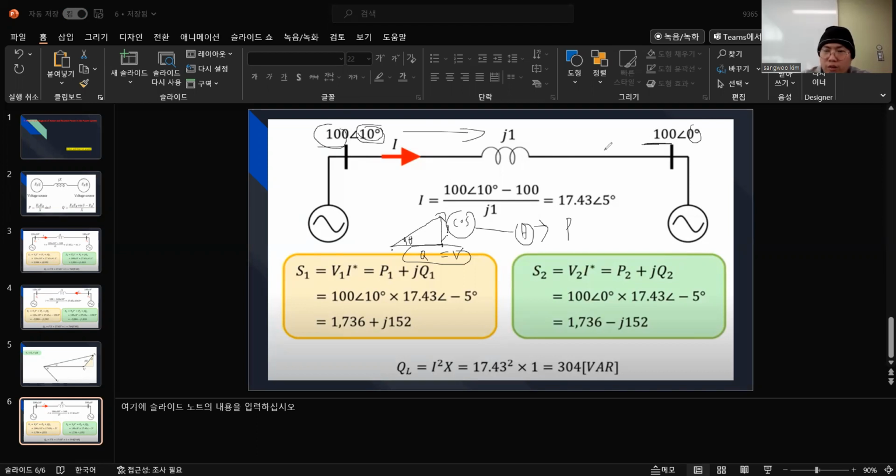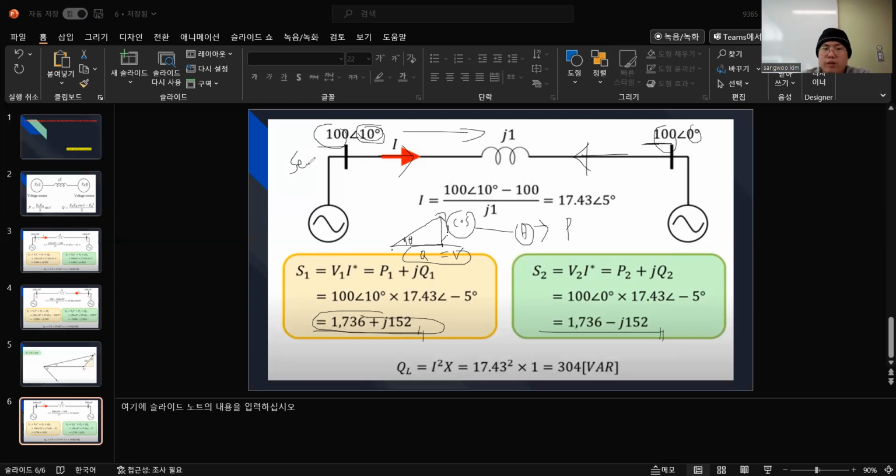And Q is, sorry guys, Q is the same. What happened? So if we calculate this, we get this part. But look at that. It doesn't matter if the current direction is here, okay? The only difference is how we interpret the result.